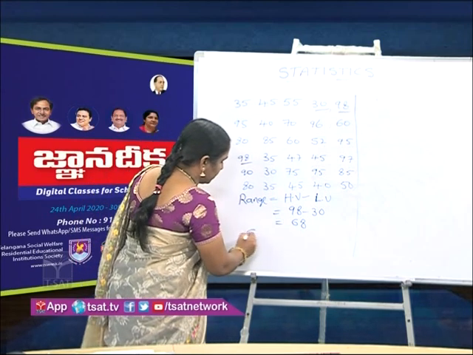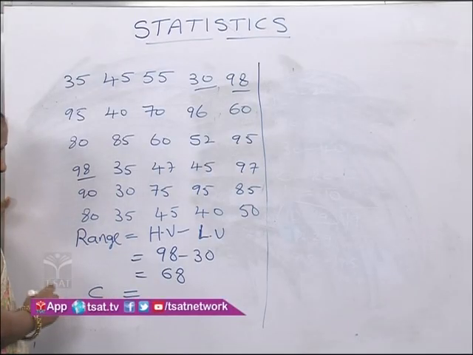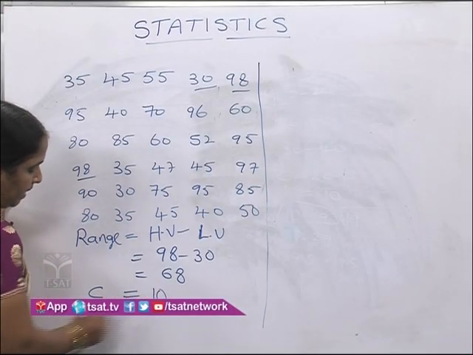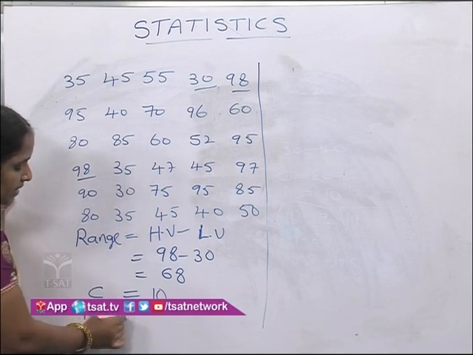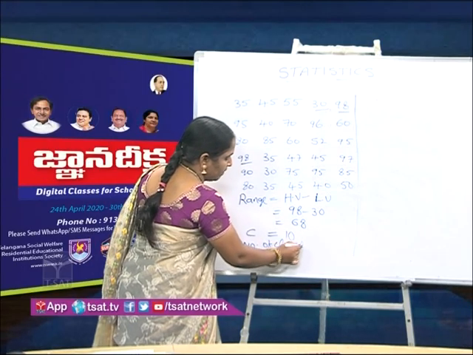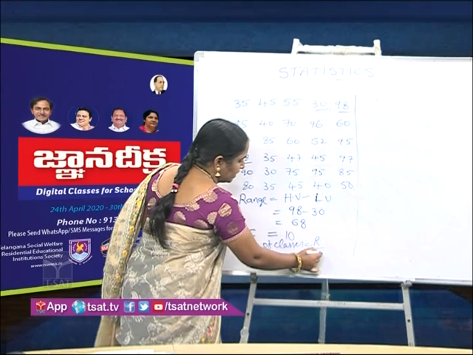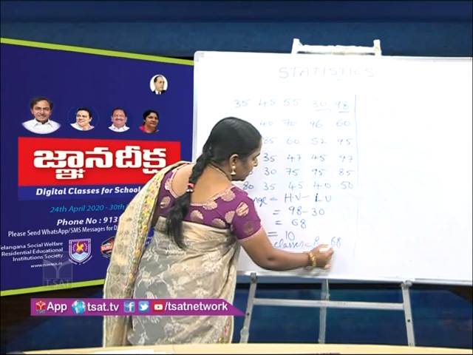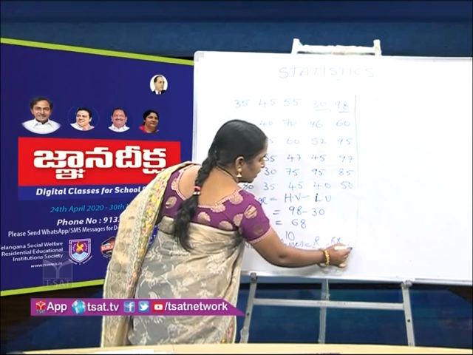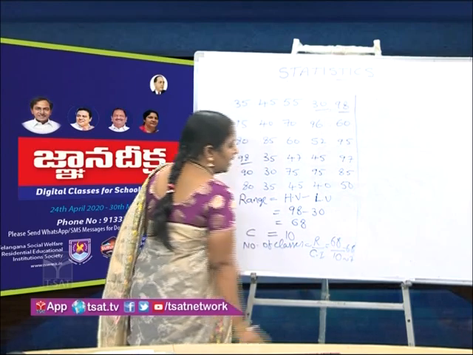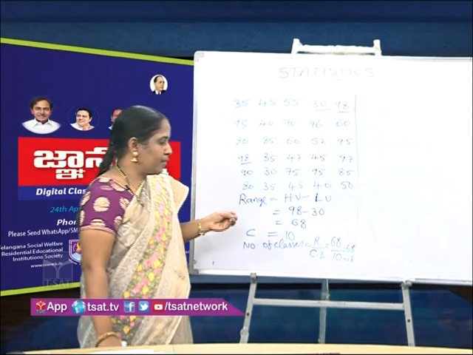So let us consider the C value, that is the size of the class, is equal to 10. Then the number of classes, we have a formula: range by class interval. So range is 68, class interval is 10, which is equal to 6.8, approximately 7 by round figure approximation.